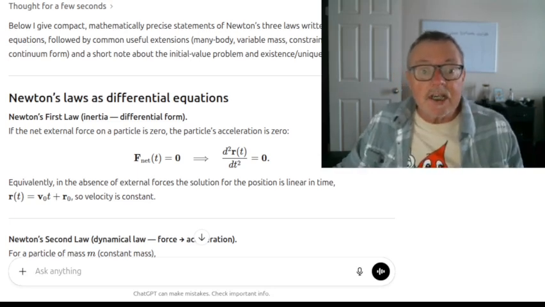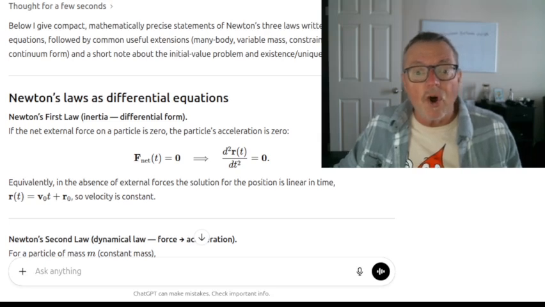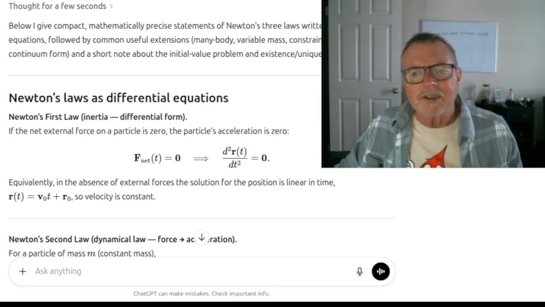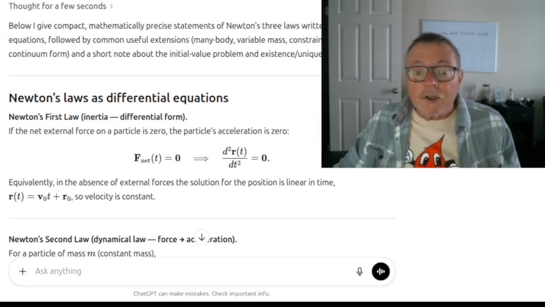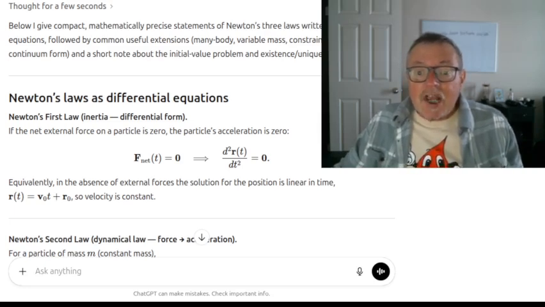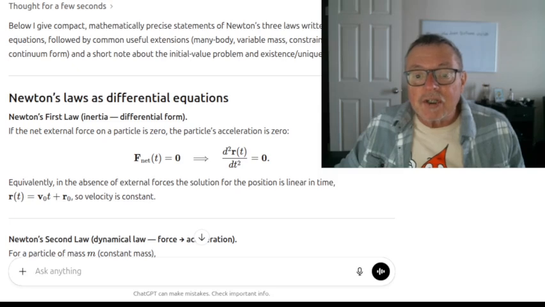And what you see here is Newton's first law with a bunch of this garbage. How come you just don't say a body in motion stays in motion, a body at rest stays at rest? No. That's not good enough. No, we're going to have to use the second derivative of position with respect to time is 0.